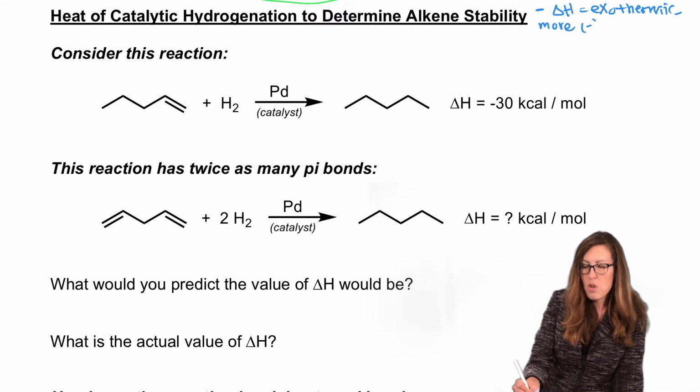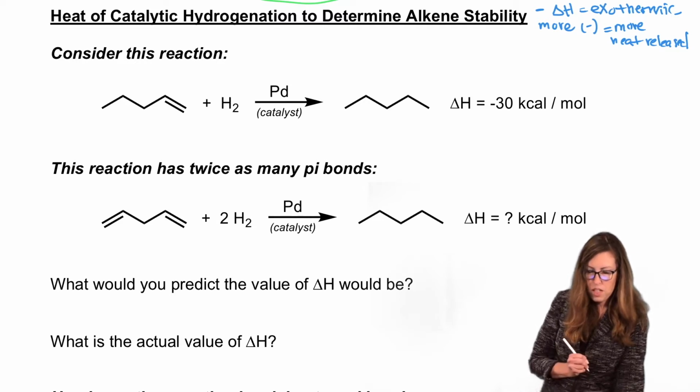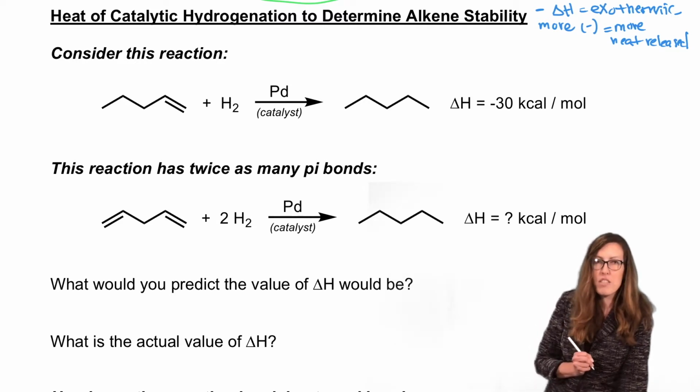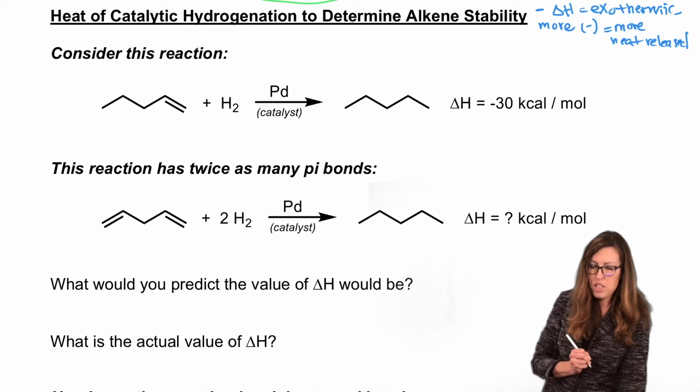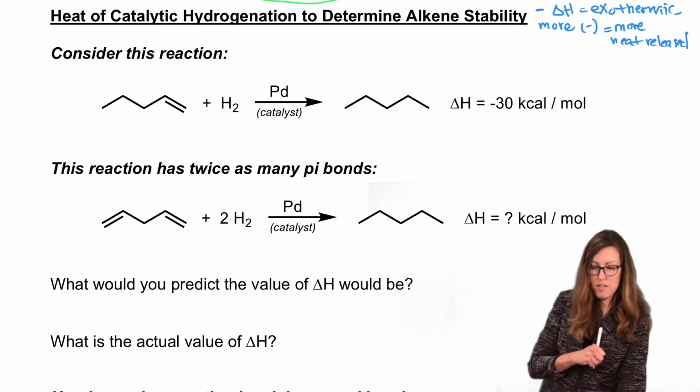But the idea is to think more negative means there's more heat given off, so more heat released for that reaction. Sometimes it's also called heat of reaction, right? So delta H. We're going to look at the heats of reaction for various alkenes, and that could give us information about how stable they were to begin with.